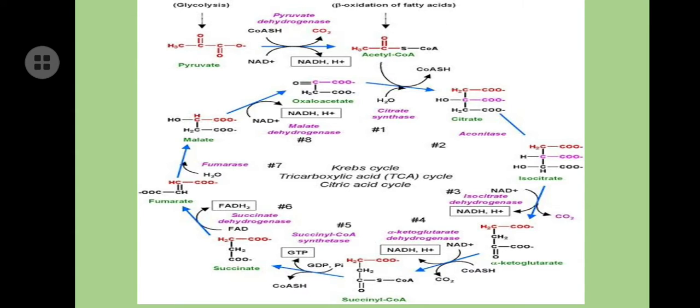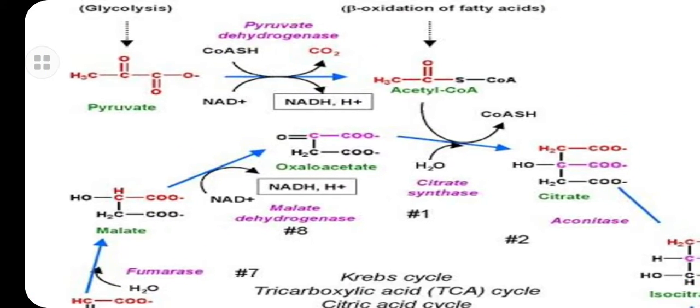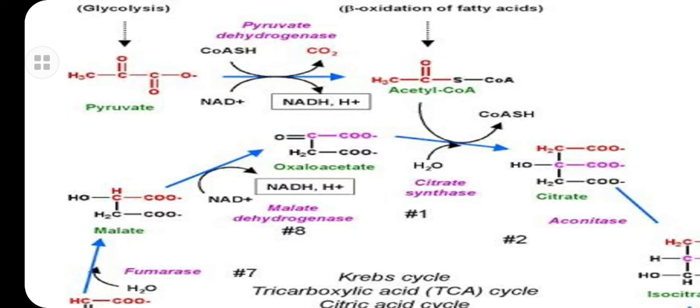Before discussing the Krebs cycle, we will discuss another important step, or we can say the second step of glucose oxidation, that is oxidative decarboxylation, which occurs between glycolysis and the Krebs cycle. During this process, the pyruvate molecule, which we get from glycolysis, converts into acetyl coenzyme A. Pyruvate is a 3-carbon molecule, while acetyl coenzyme A is a 2-carbon molecule.